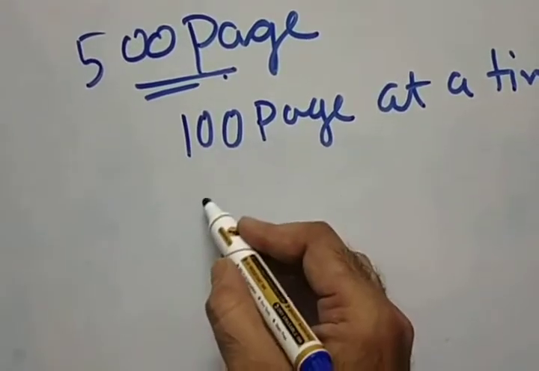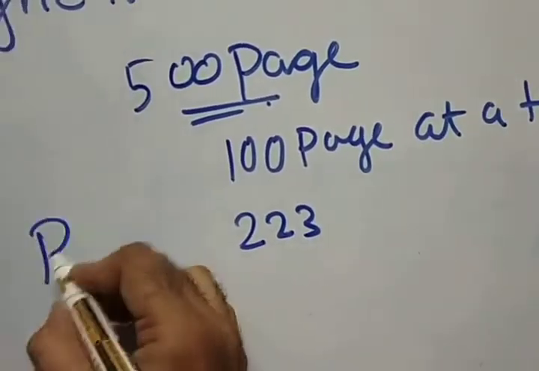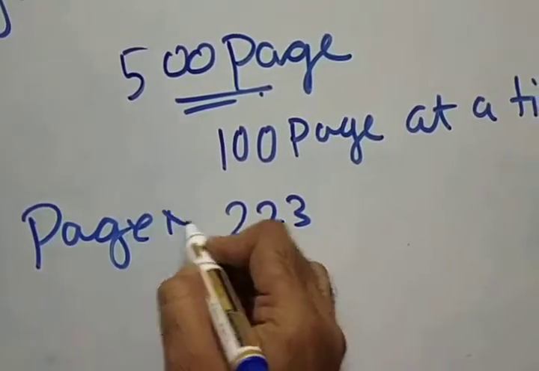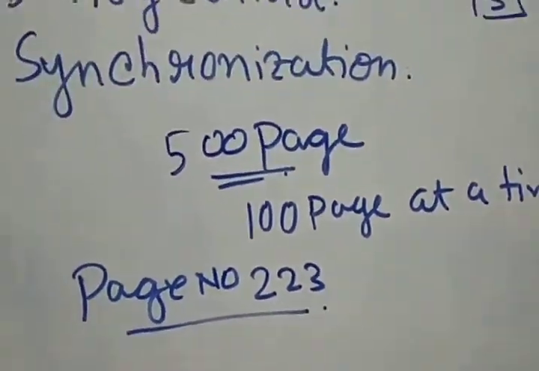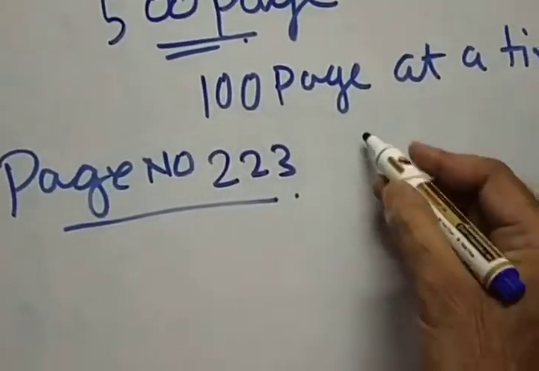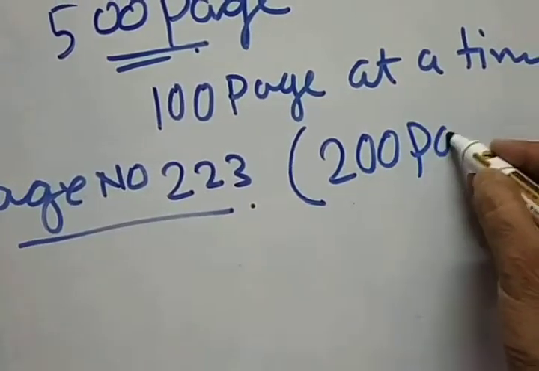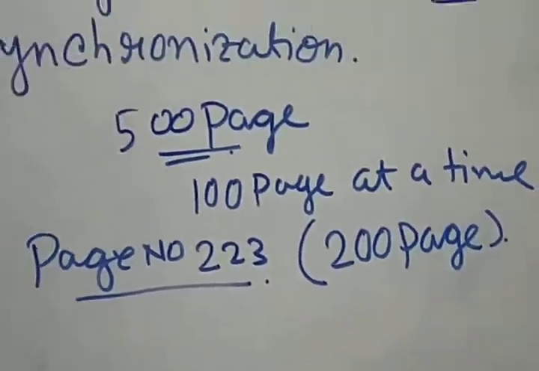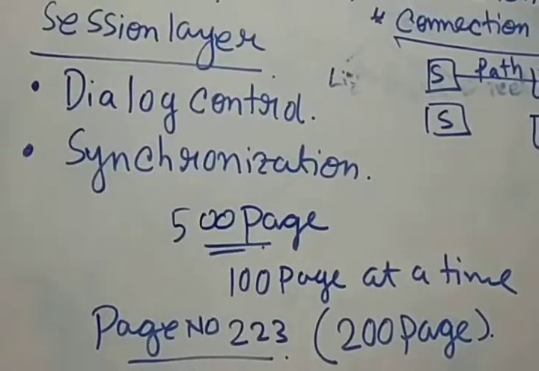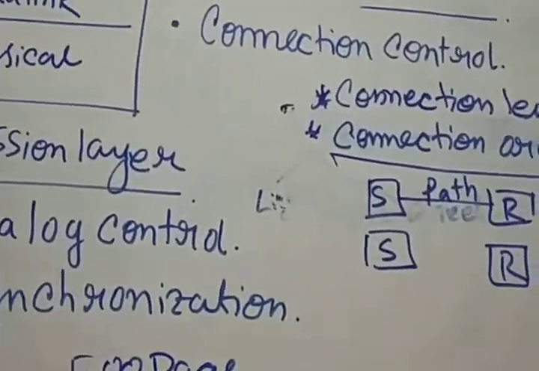For example, if page number 223 is lost, then I have to resend only the third slot, that is pages 200 to 300, not more than that. So that is called synchronization.